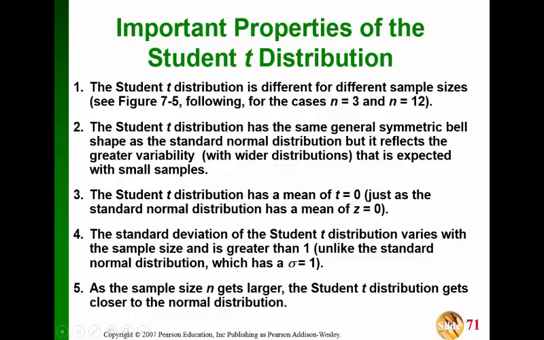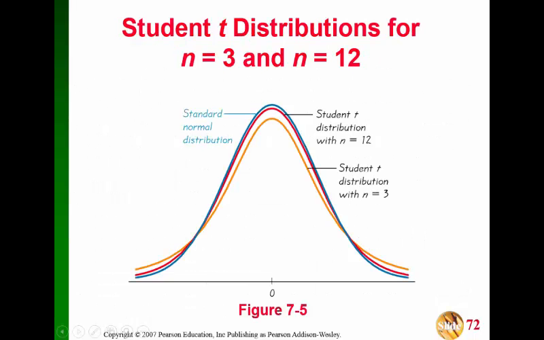And here's a really cool thing: as the sample size gets bigger for the student t distribution, it becomes closer and closer to the standard normal distribution. Here are some pictures of some student t distributions. The normal distribution is supposed to be in blue here, up on top. The student t distribution for different values of degrees of freedom would be slightly different.